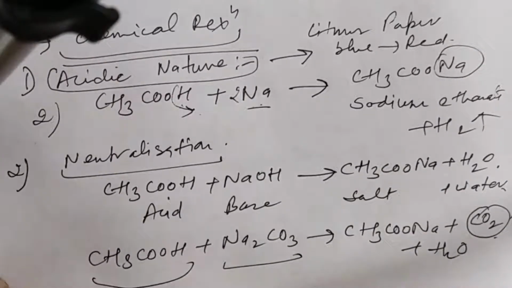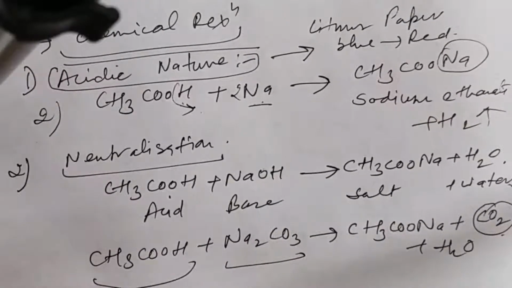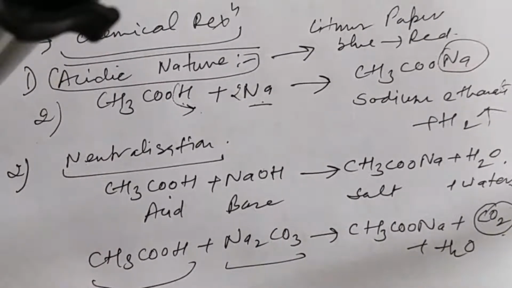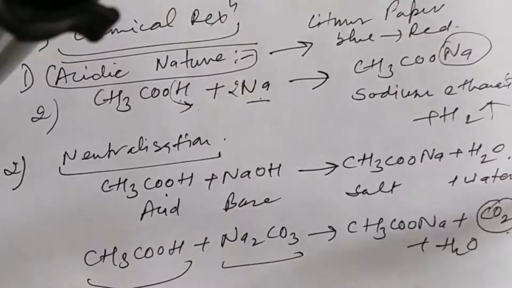The next reaction you can do for the chemical reactions of acids is the reaction with alcohols. That is the esterification reaction. Okay, how can you perform the esterification reaction? We have already discussed here, students, the esterification reaction. How can you do it?